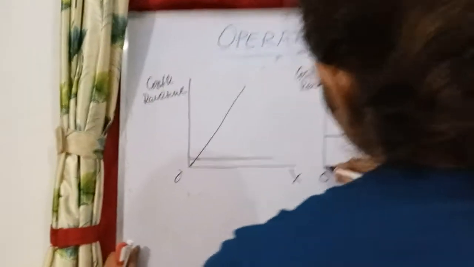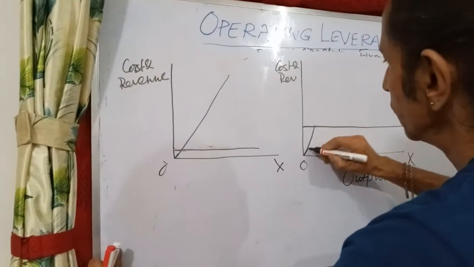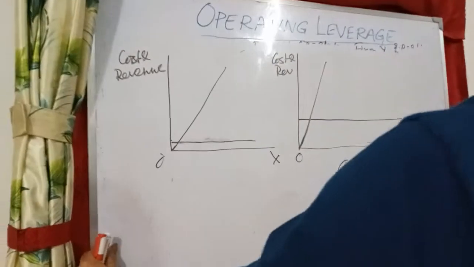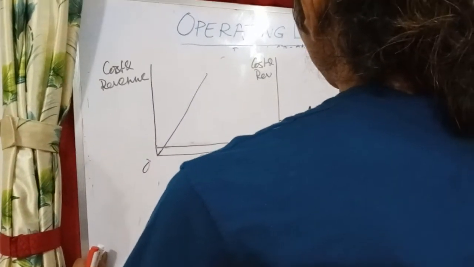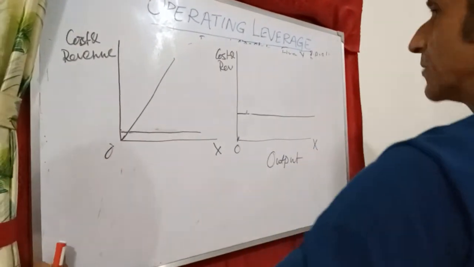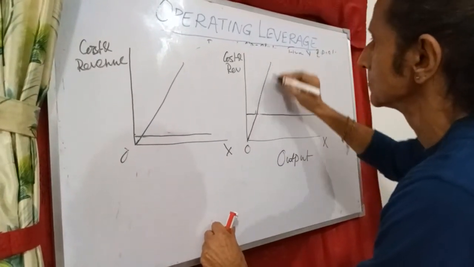So the sales lines of the two farms will be parallel to each other. I have to make it parallel. Why parallel? Because both farms are selling the products at the same price per unit. Okay.